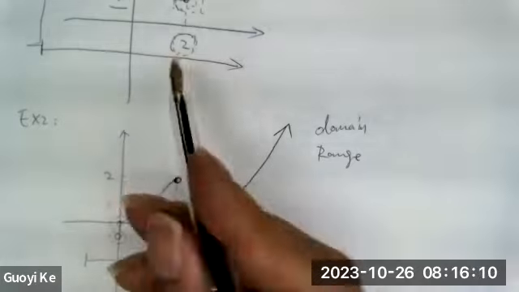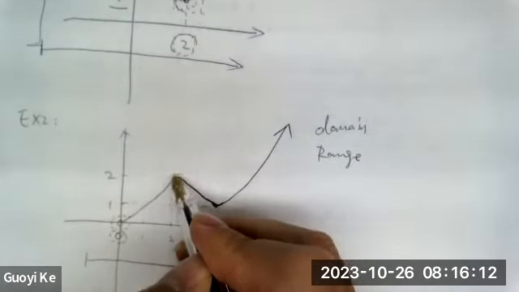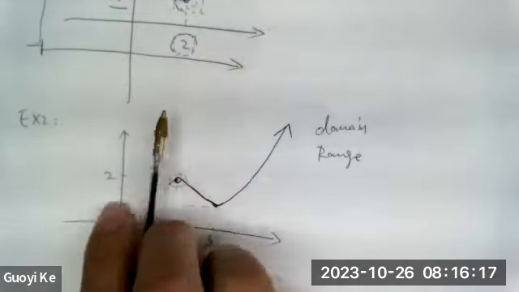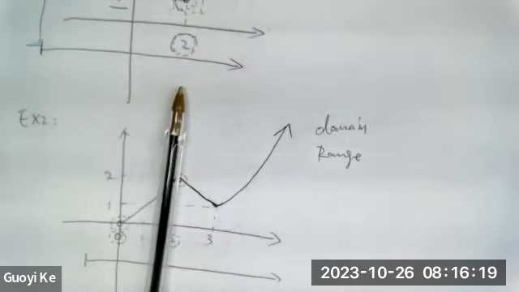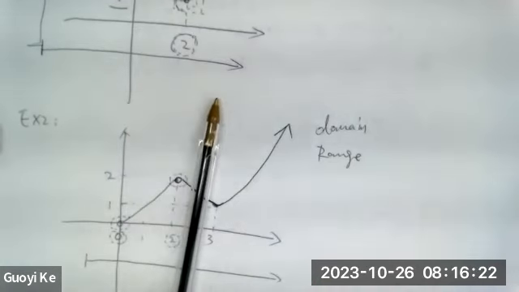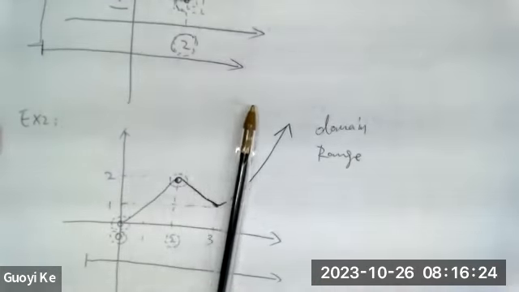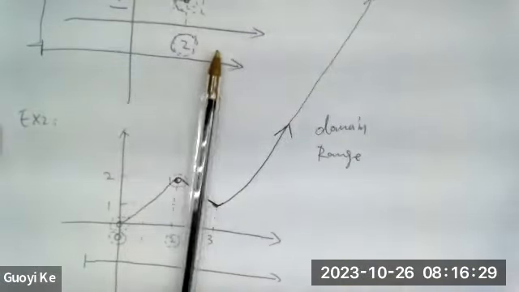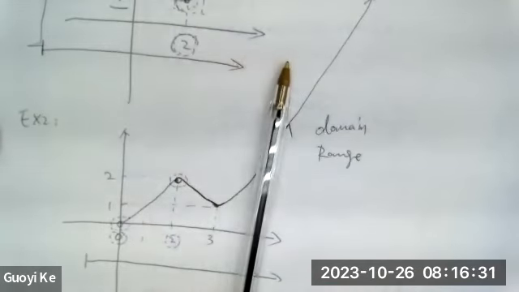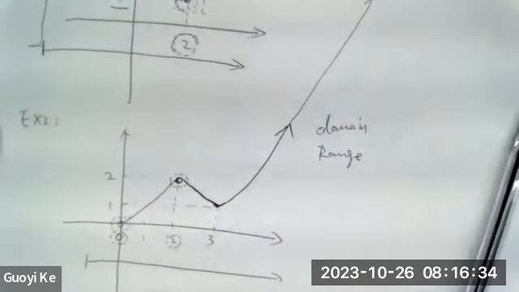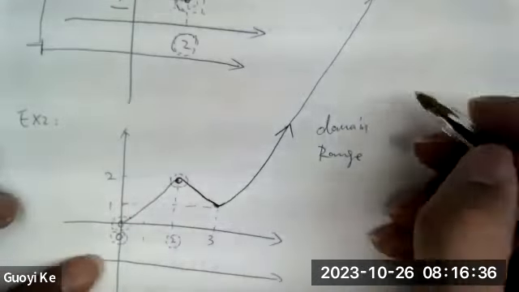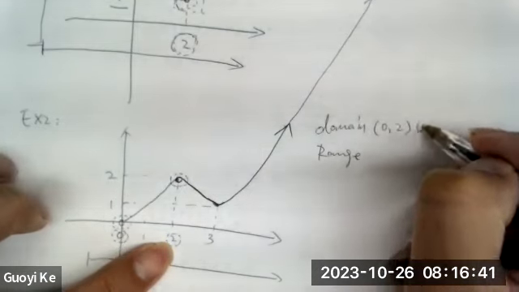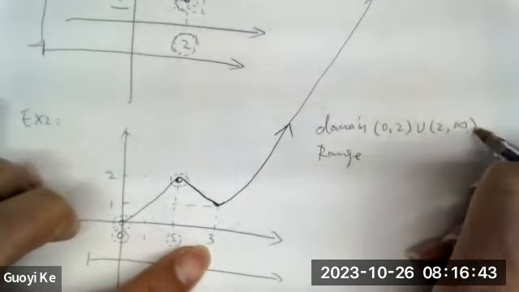We see an open circle, and we stop here, and the x value is 2. Now starting from here, we continue to move the pen, and the curve always goes up, so we move the pen to infinity. So the domain is from 0 to 2, union 2 to infinity.